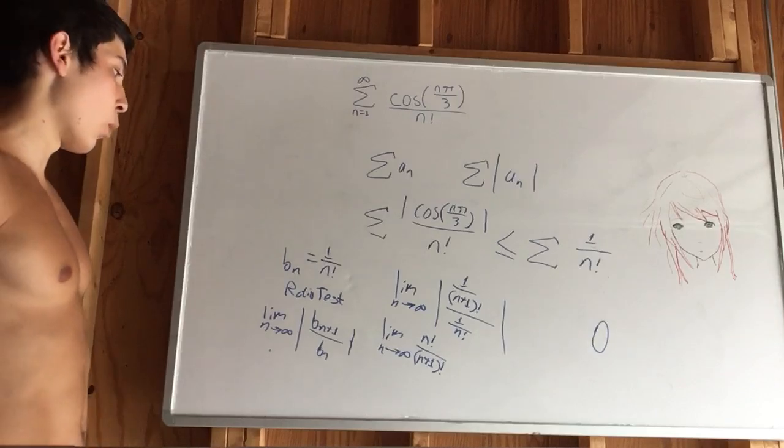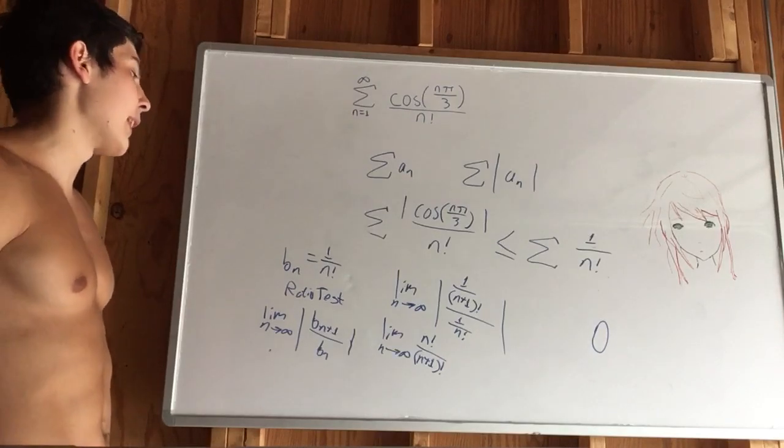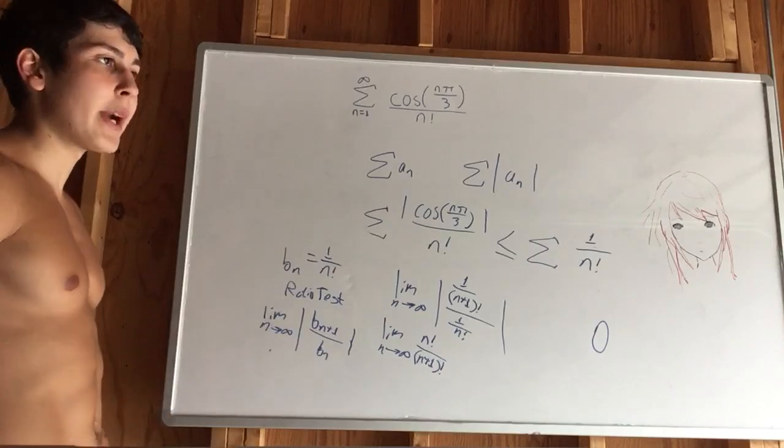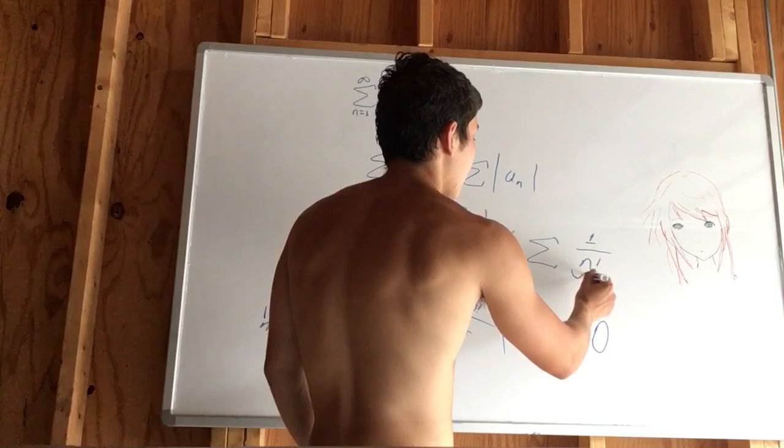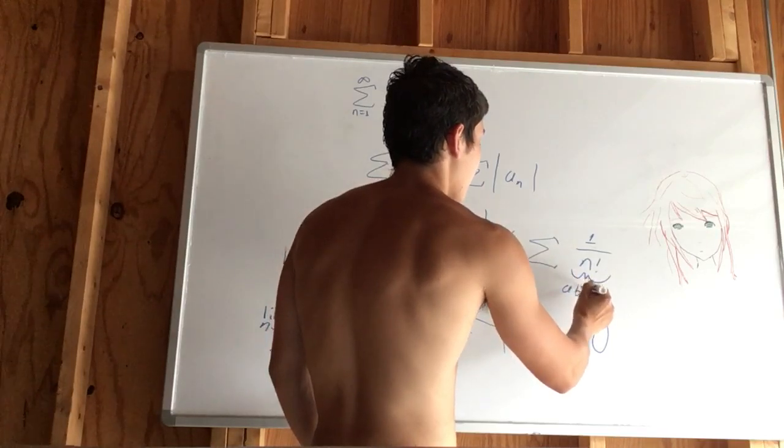So we get 0, which is less than 1. Since it's less than 1, by the ratio test, it absolutely converges.